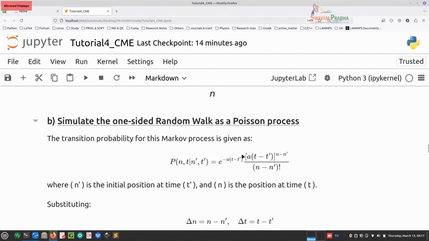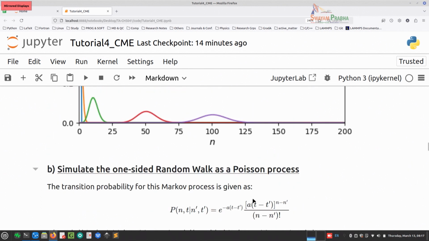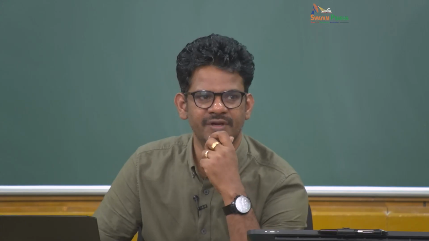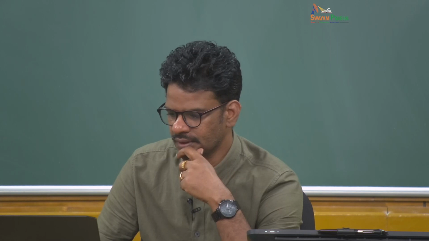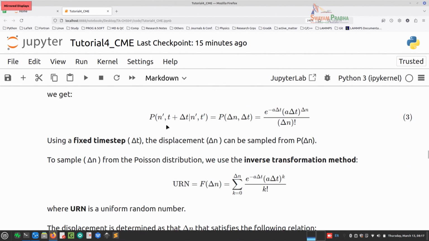That is given by the time difference t minus t prime. So you take this as the transition probability to find where the next position will be. For simplification we have written delta n as n minus n prime, delta t as t minus t prime, and then the transition probability is written in terms of delta t and delta n.